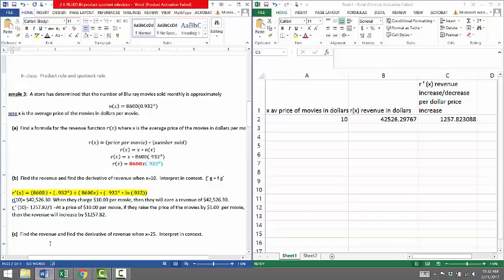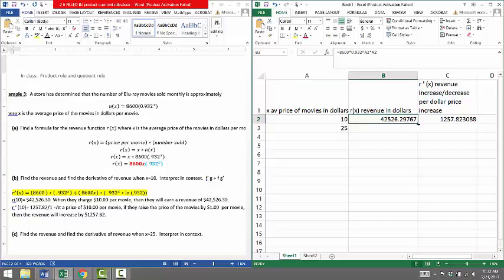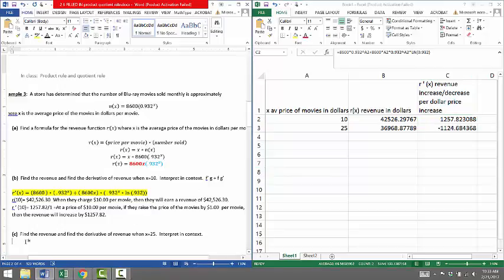Now it asks us basically to do the same thing, but at 25. So since I put it in Excel, all I need to do is add in an X value of 25 and drag my formulas down. And I see now R of 25 is $36,968.88.